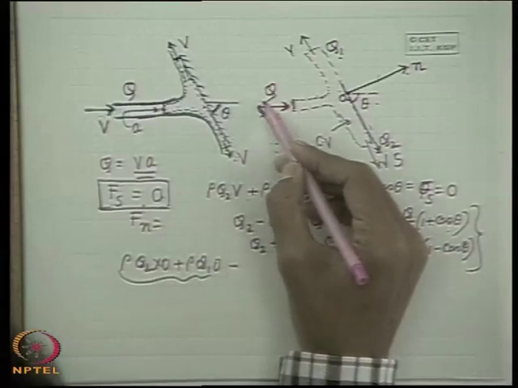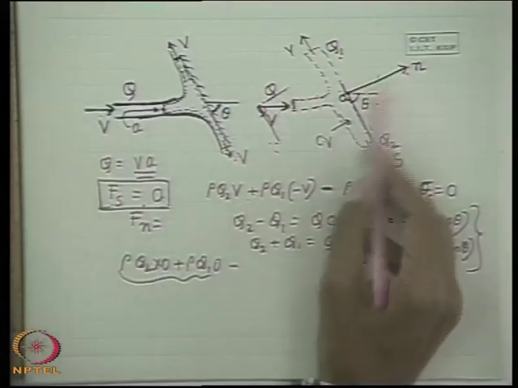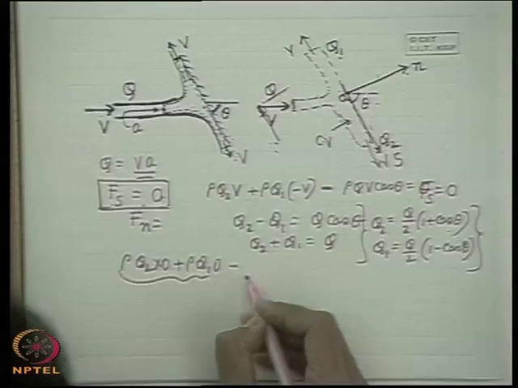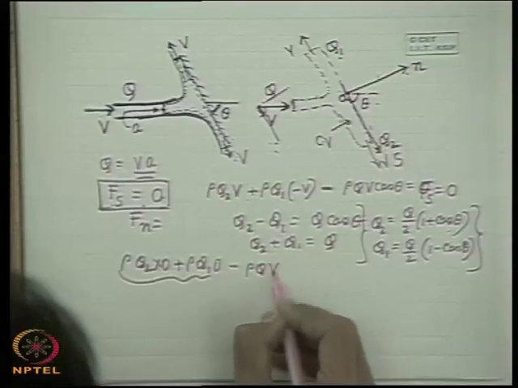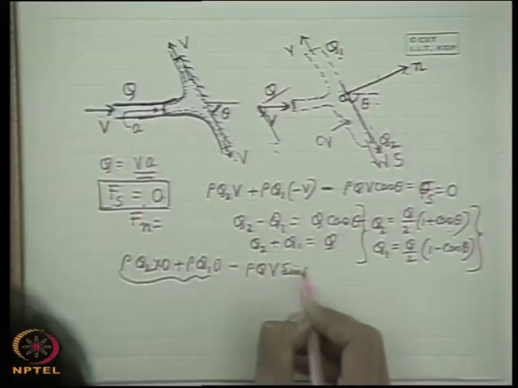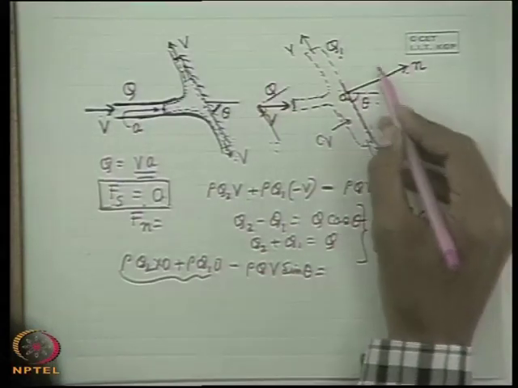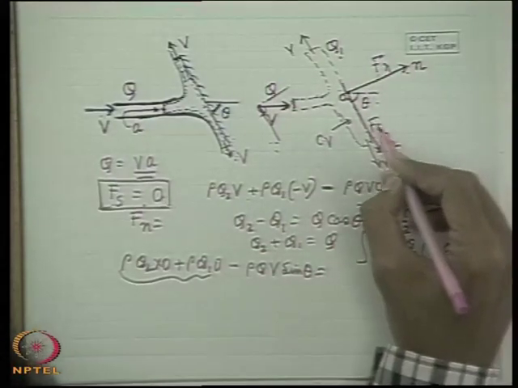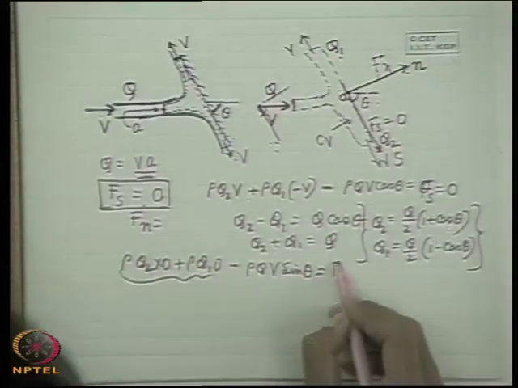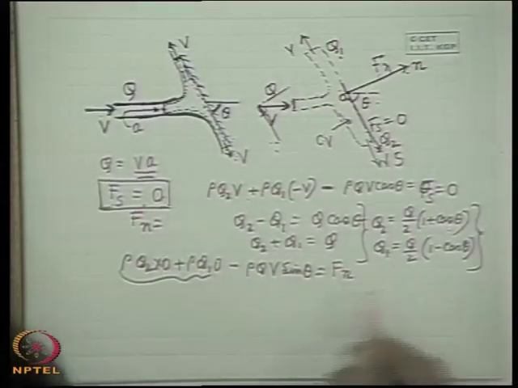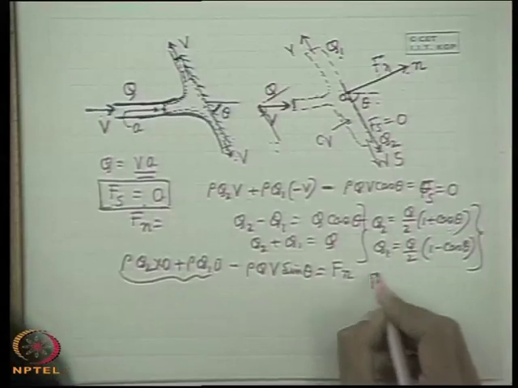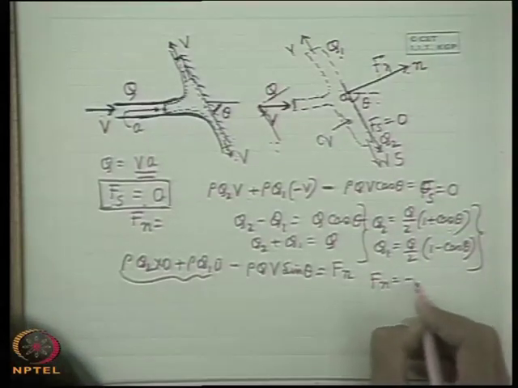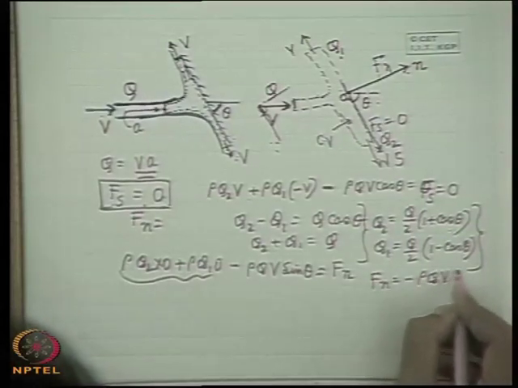Influx is this component, and that is in the positive direction, that means rho q v sin theta. It is very simple, and that is equal to the force acting, let Fn. Fs is 0. So therefore we see that Fn becomes equal to minus rho q v sin theta.